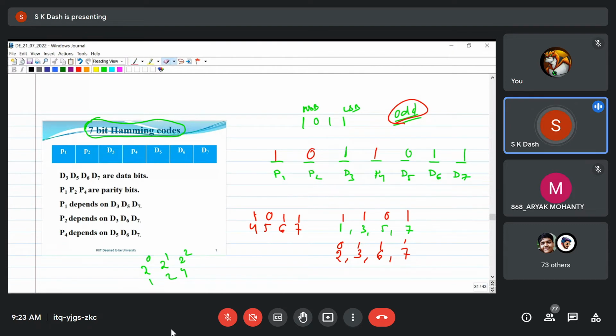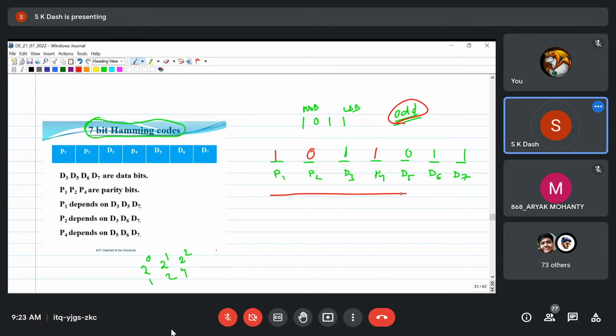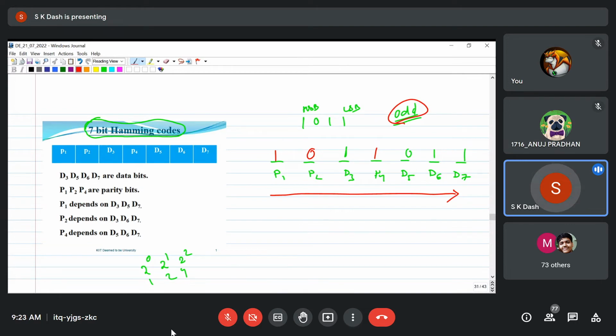So the important thing is to remember this. We'll follow this method only; others are also possible. We go from this side to this side, P1 to D7, and to find the parity, these are the combinations: 1357, 2367, 4567.